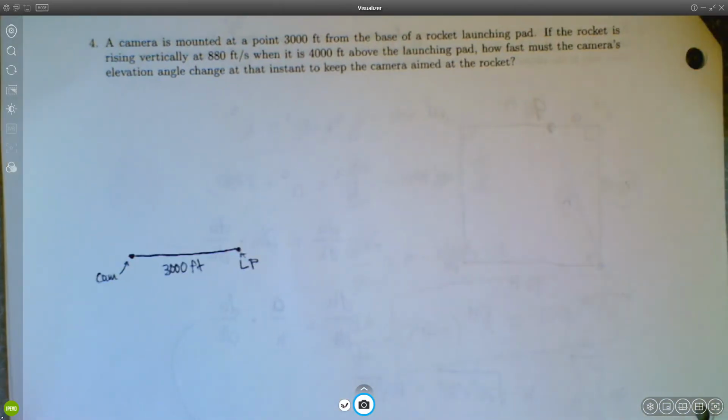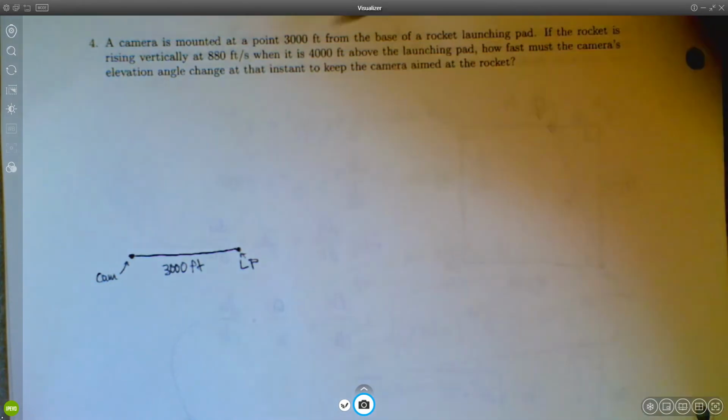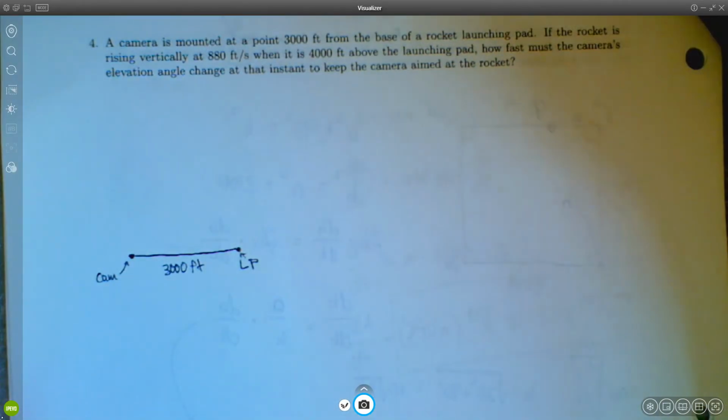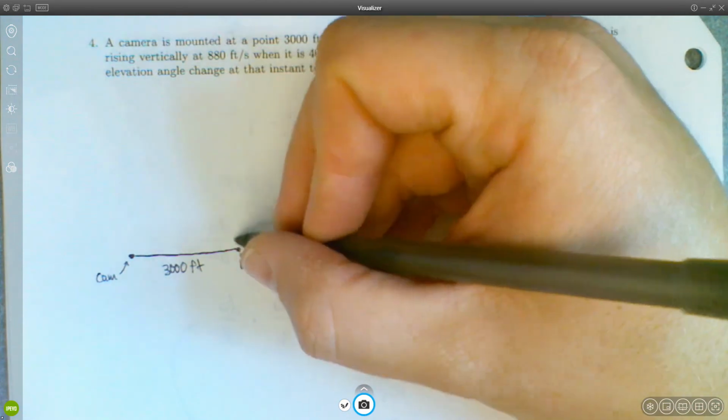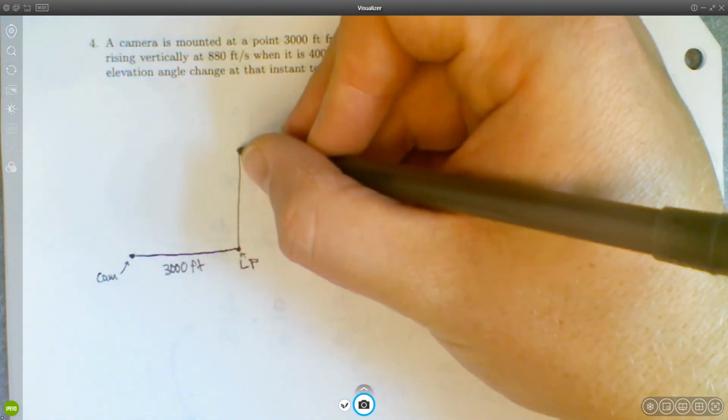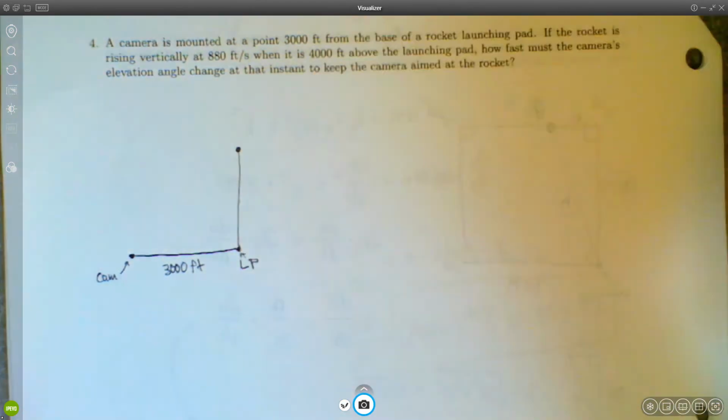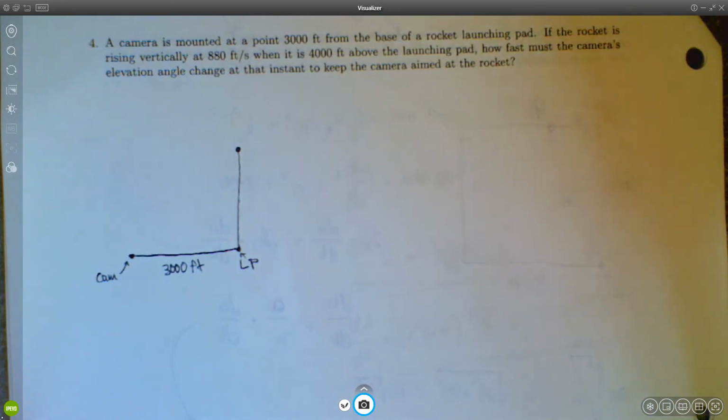All right. If the rocket is rising vertically at 880 feet per second when it's 4,000 feet above the launching pad, how fast must the camera's elevation angle change at that instant to keep the camera aimed at the rocket? Okay, so you've got this rocket that's kind of exploded off this way, and it's going to be a certain distance from the ground.